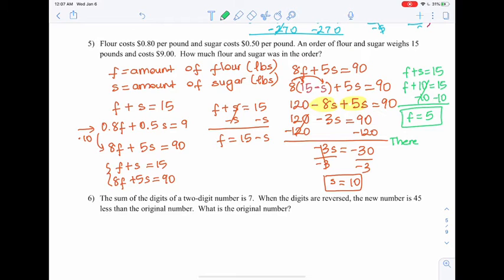There were 5 pounds of flour and 10 pounds of sugar in the order.